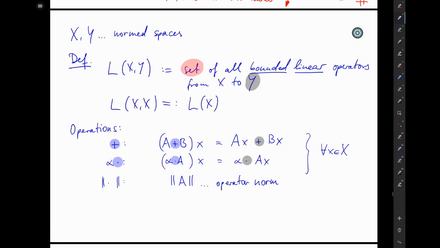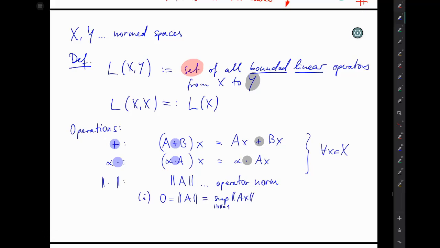Well, let's first check that this is indeed a norm, so we have to check the norm axioms. You still remember the first one? First one says that the norm of something is only then zero if the something is the zero vector. So our norm is the supremum of norm Ax when x has norm 1.